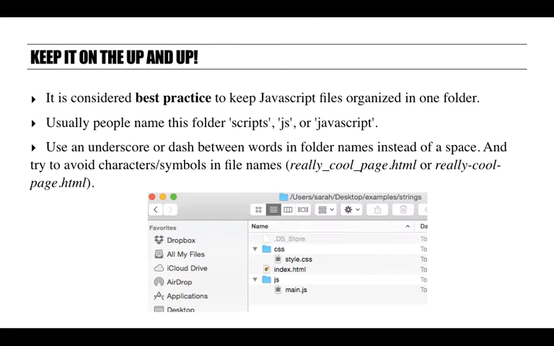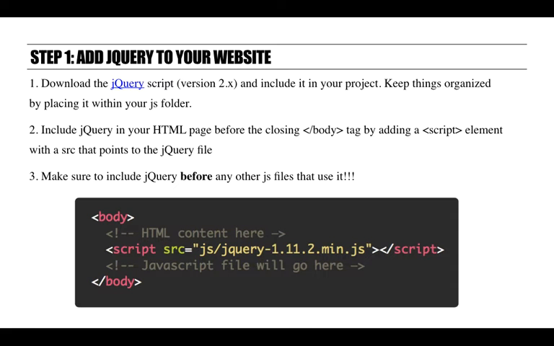So when you are using jQuery, you want to keep your files organized. You're probably going to have a JavaScript or JS folder, or a scripts folder, some people call it. And you're going to have all of your JavaScript files in there, including jQuery, if you downloaded it. When you're adding jQuery to your website, there are two ways.